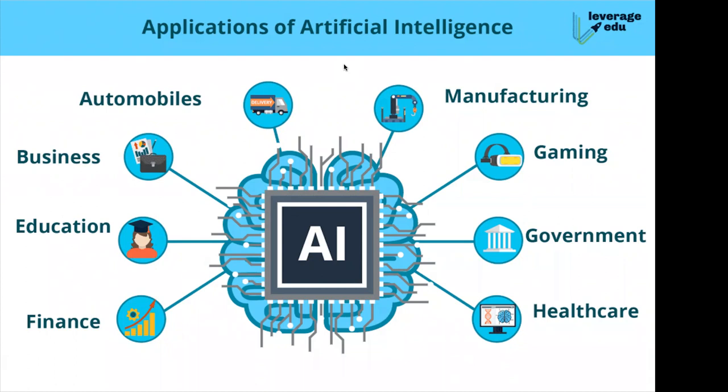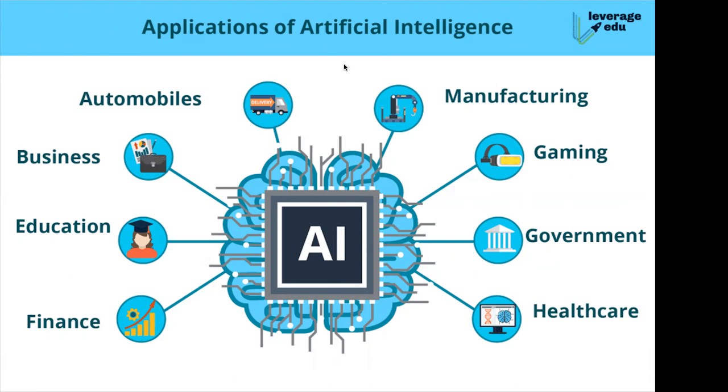It looks like almost every sector of our daily life is being affected by artificial intelligence. We have the automobile industry, that's the car production industry. We have the manufacturing industry. We have the gaming industry, gaming in the setting of virtual reality.